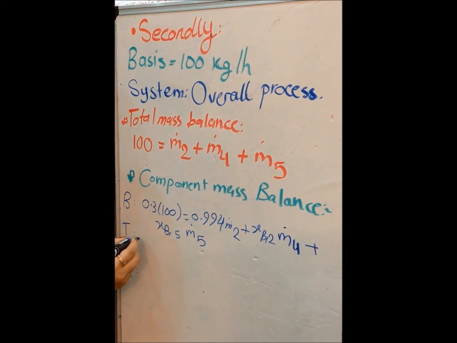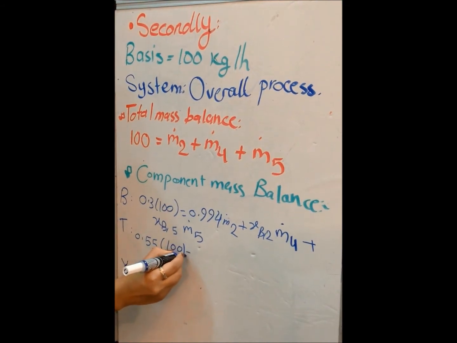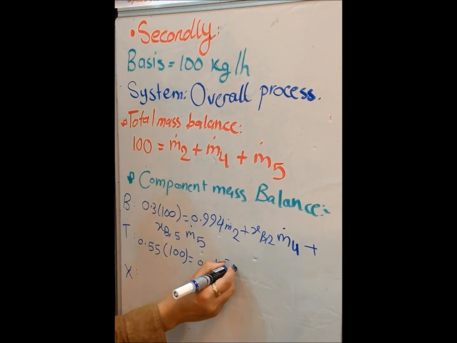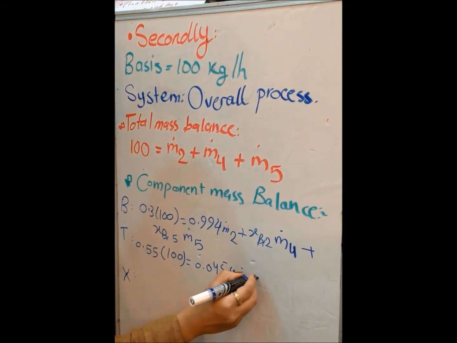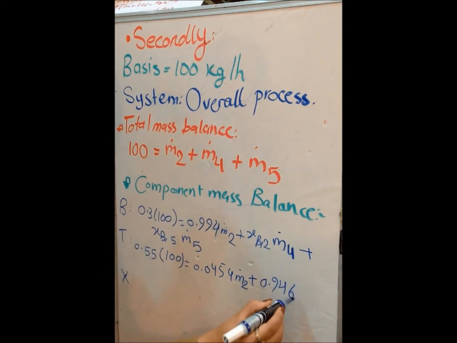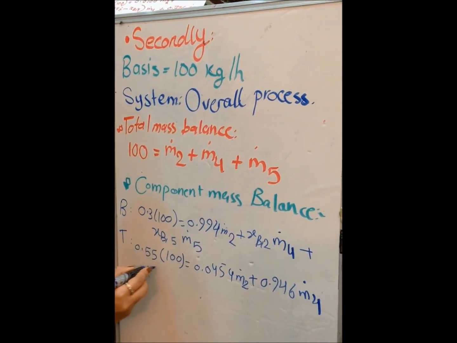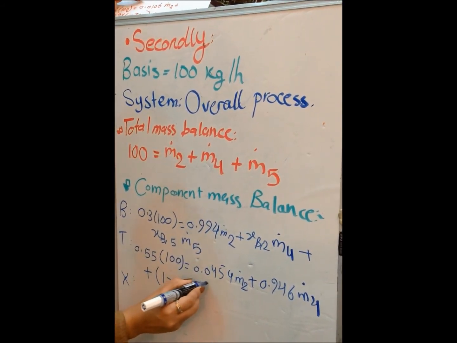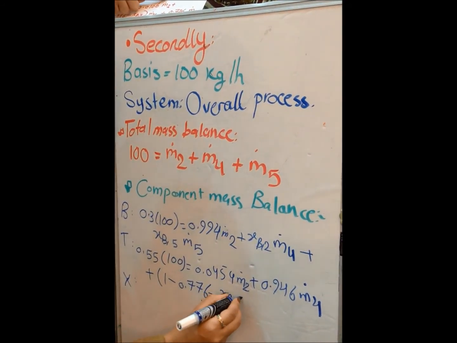Then for the toluene, we have a composition equal to 0.55 in the first stream, which will equal 0.0454 times the mass flow rate of stream 2 plus 0.946 times the mass flow rate of stream 4 plus the rest of the composition, which equals 1 minus 0.776 minus the composition of the benzene in the fifth stream.